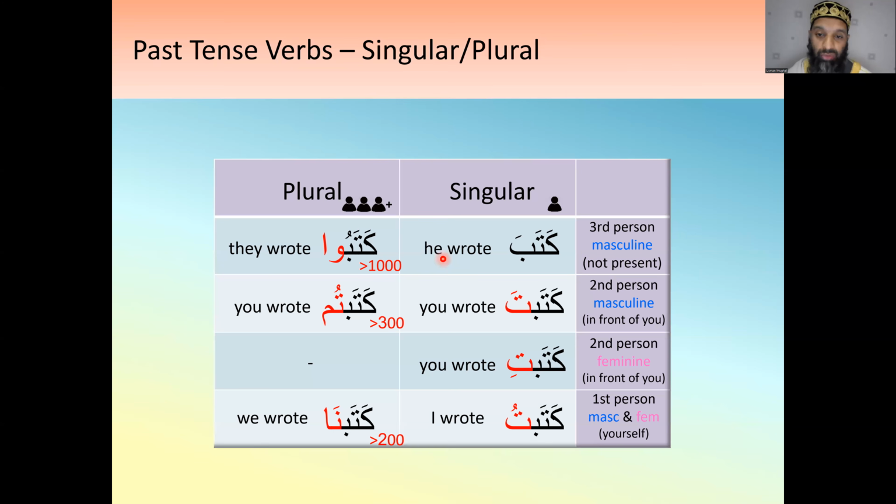Kafara, kafaru, kafarta, kafarti, kafartu. You can put regular verbs in, no problem. They just slot in. You just take kataba and replace it with khalaqa, or with sami'a, for example.